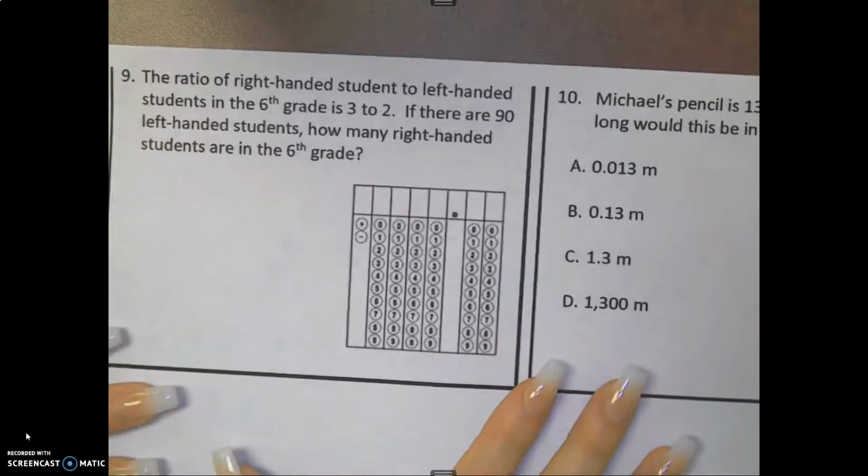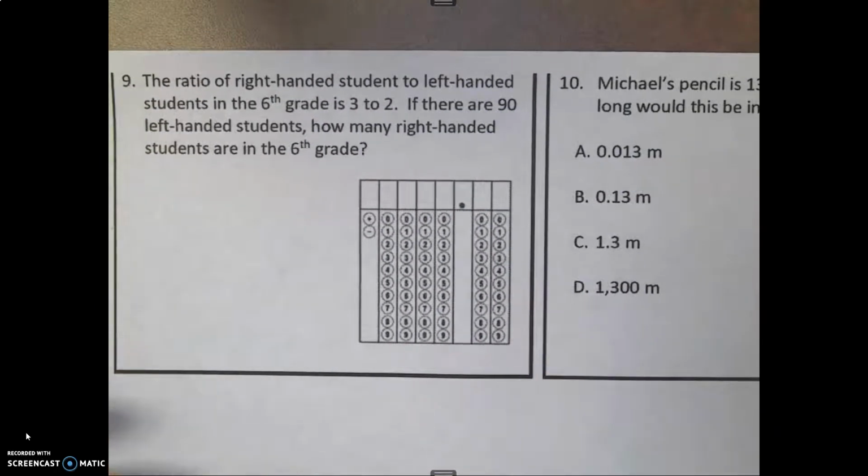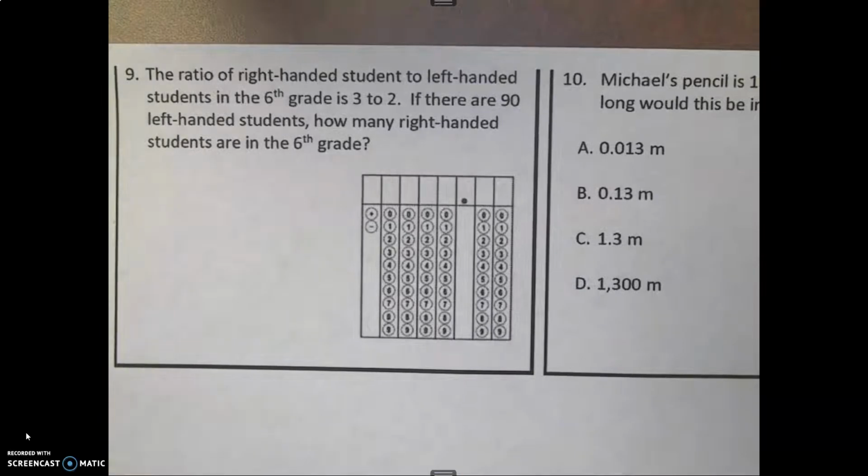Number 9. The ratio of right-handed students to left-handed students in the 6th grade is 3 to 2. If there are 90 left-handed students, how many right-handed students are there? So we're looking for the right-handed students.